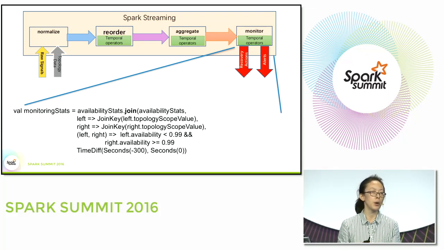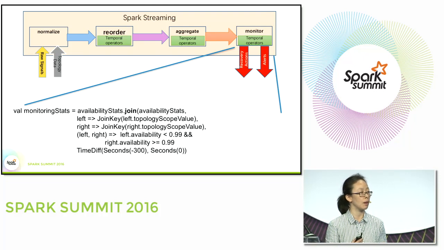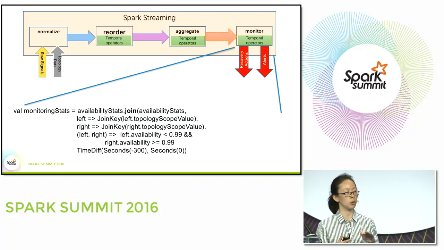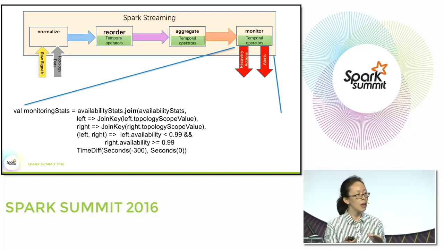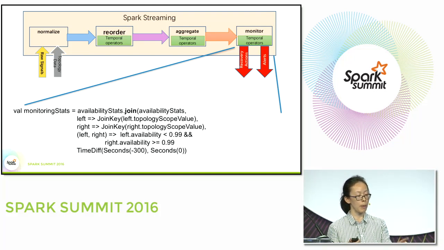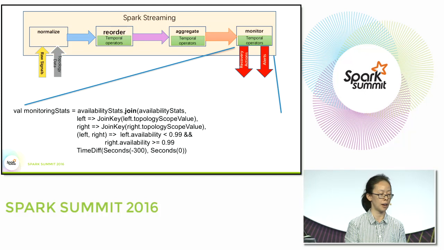Let's say we want to capture scenarios where the system availability is below 99%. If we already have an alarm that the availability is under the threshold, we want to dedupe the monitoring events. So here's how we model it.